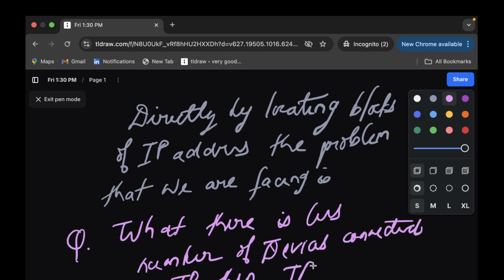Then IP addresses get wasted. We don't want this wastage to happen.